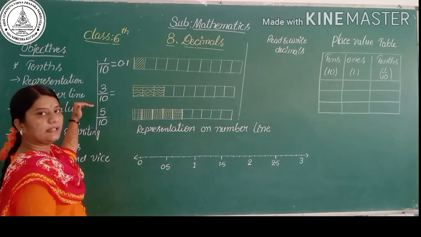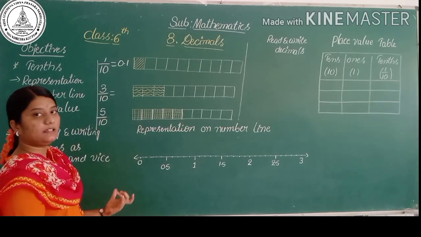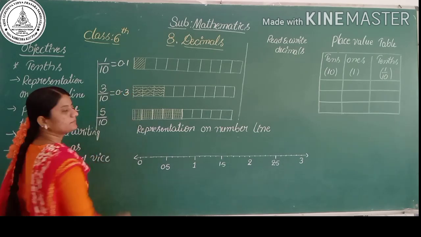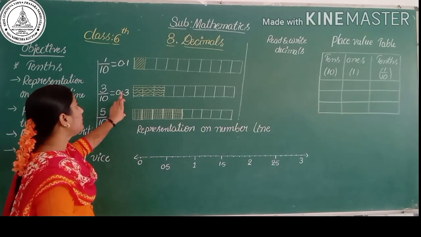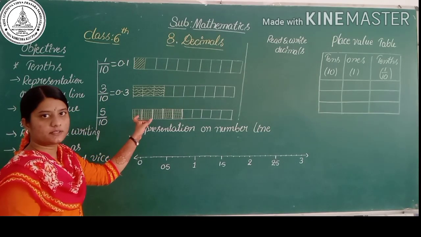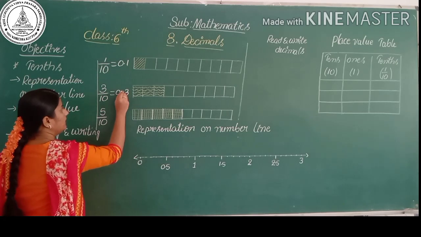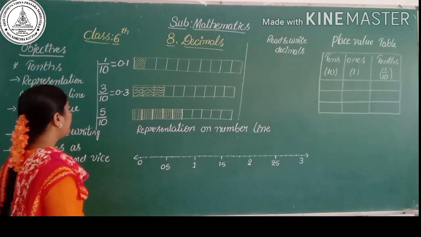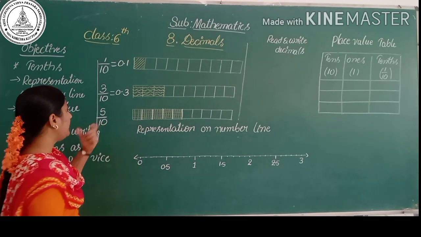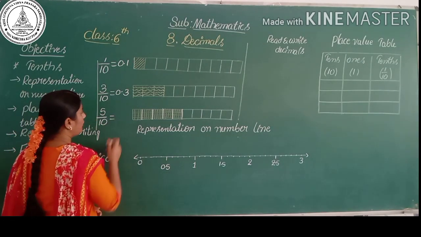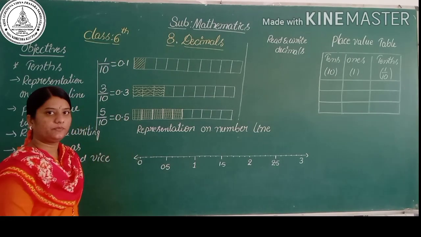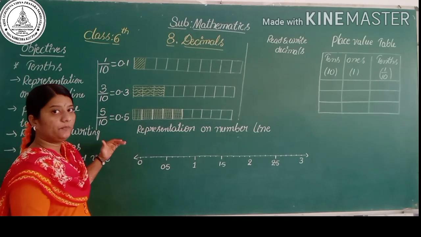So 3 by 10 we can write in decimal form as 0.3. Okay, so we have to keep the decimal point always in the middle of the numbers, in between the center. Okay, then next 5 by 10. So 5 by 10 is a decimal fraction, and we can write it in decimal form as 0.5. Okay, is it clear? Yes.